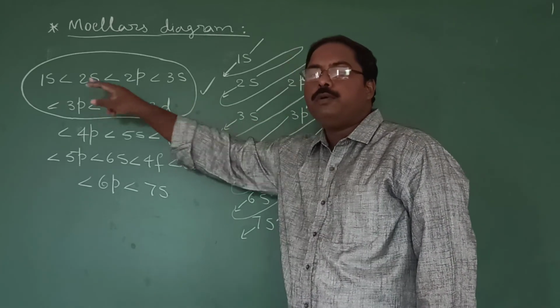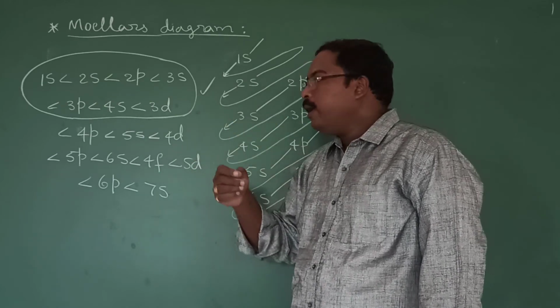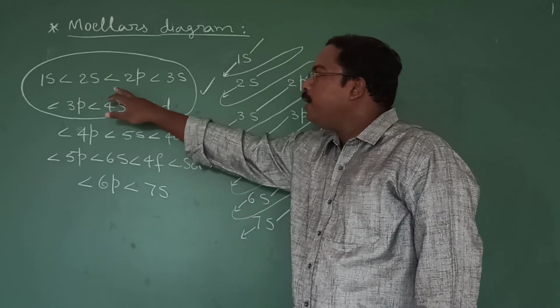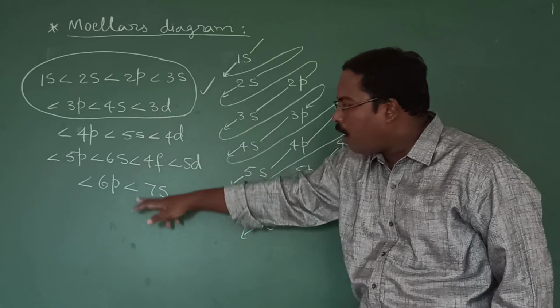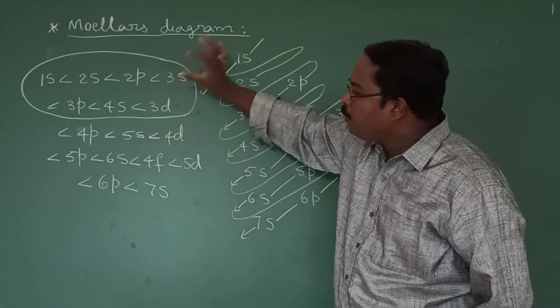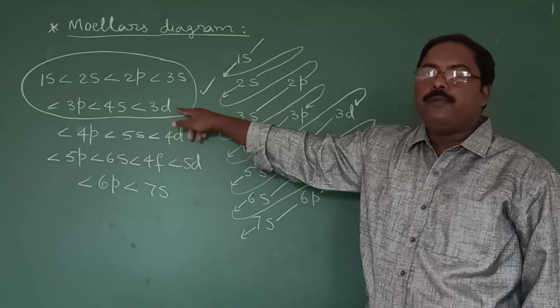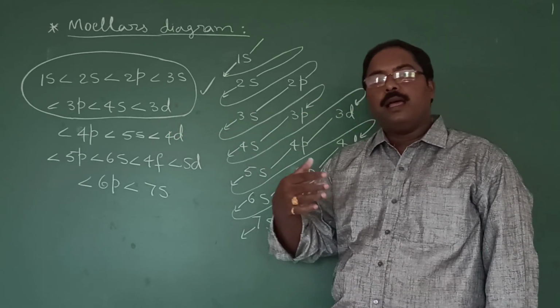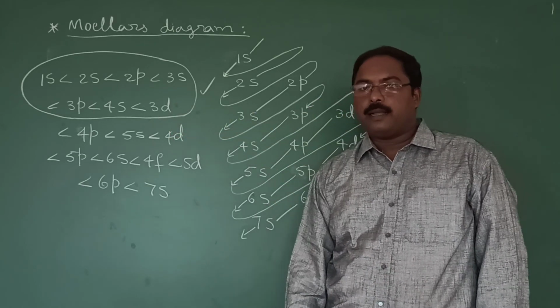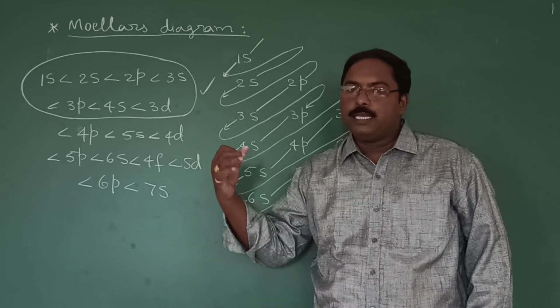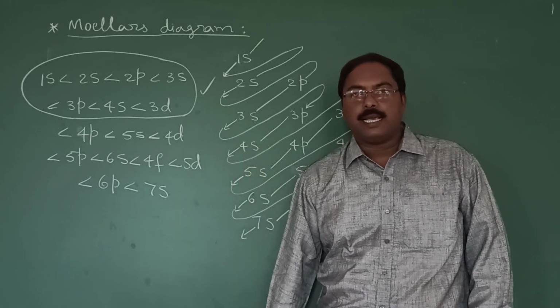Every one of you, by tomorrow's class, should remember this order. Not all of it, only up to at least this much. Then it will be easy to understand how to fill the orbitals with electrons. About all these we will discuss in the next class. Thank you.